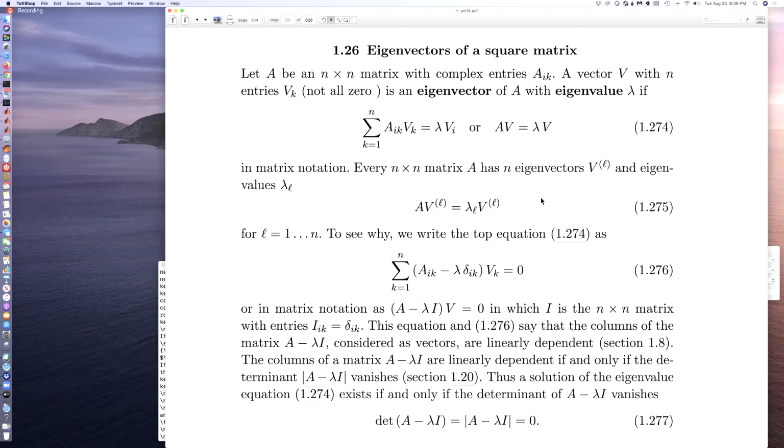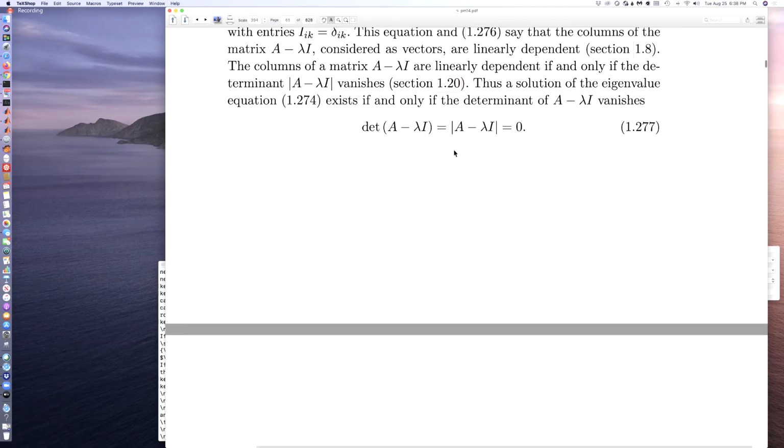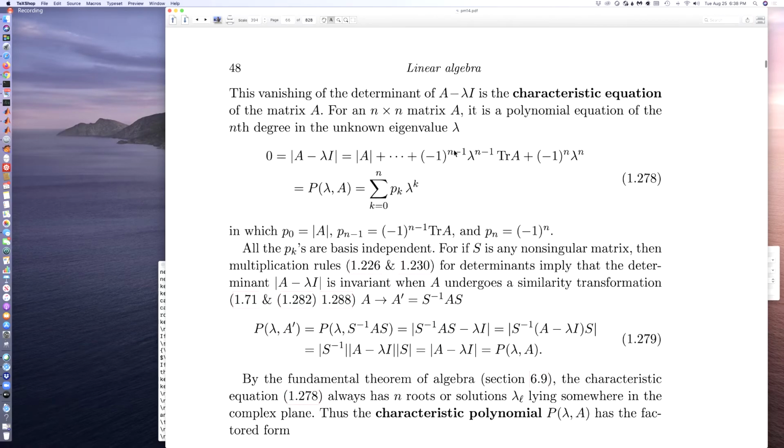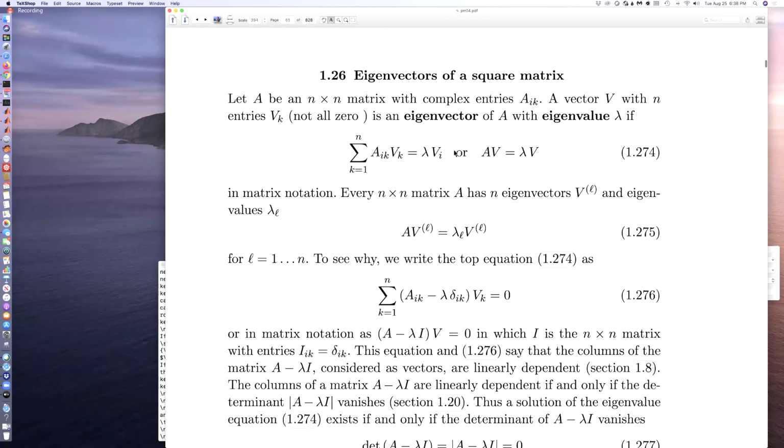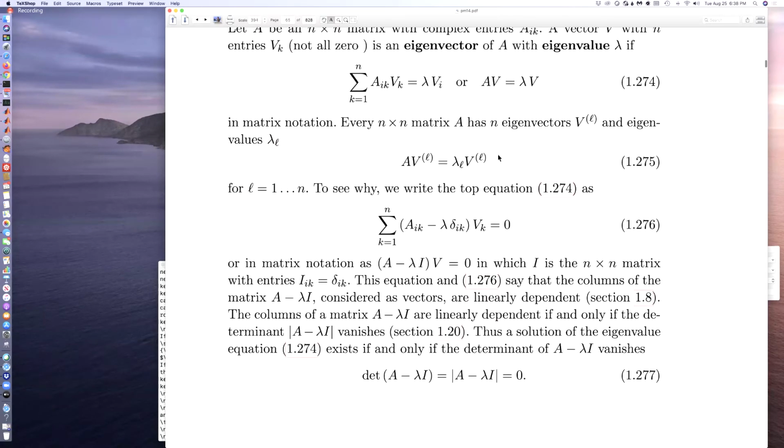The eigenvectors of a square matrix, well, we've gone through this in many examples, so we know that what you do is you take the Lth eigenvector: A on the Lth eigenvector is the Lth eigenvalue times the Lth eigenvector. That's this matrix equation.